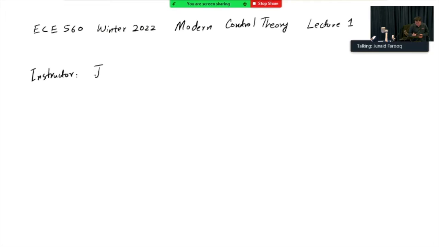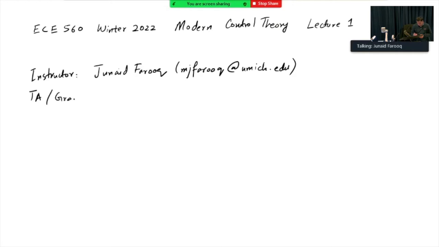So I'm your instructor for this course, and if you need to get in touch, my email is the following. Okay, so we have a TA or grader for this course.